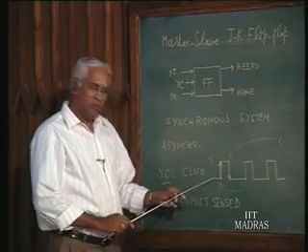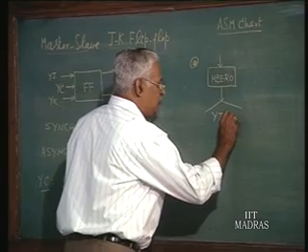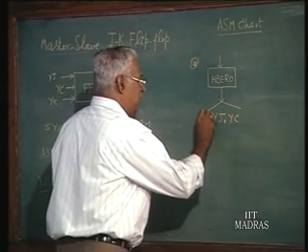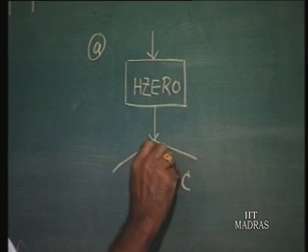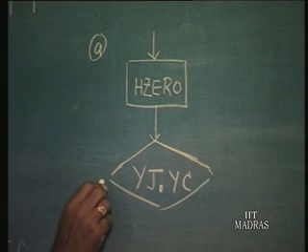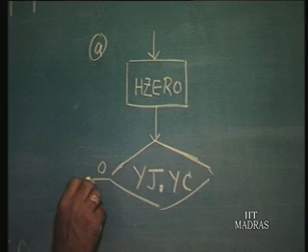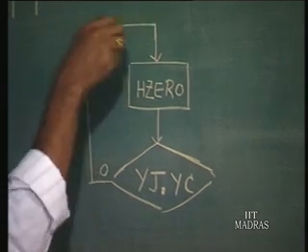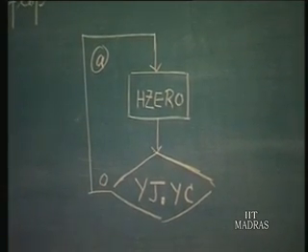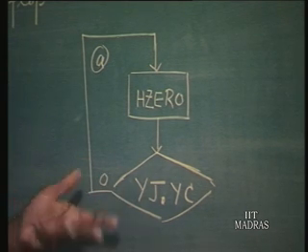If the clock were 0, nothing, right? So, as long as J is 0 and the clock is also 0, so that is the symbol for AND, as long as J is 0 and the clock is 0, it will continue to be in state 0, that is generate output H0, right, because K does not matter what it is, we have already seen.